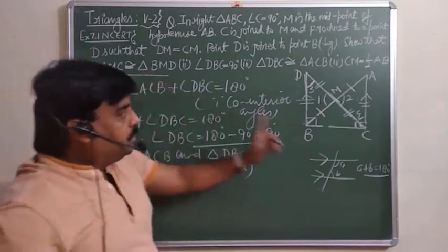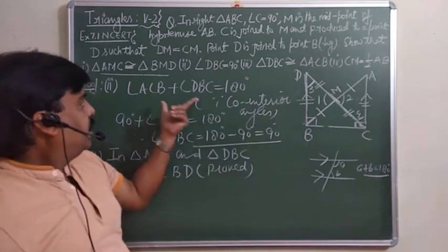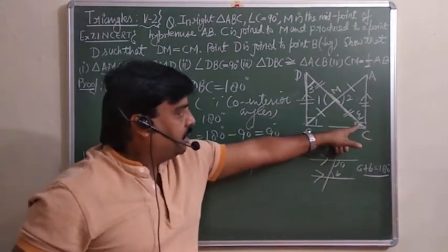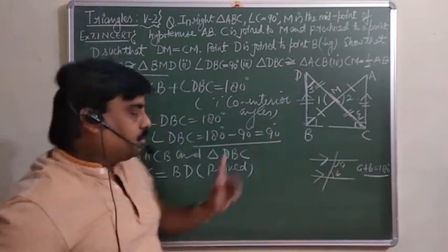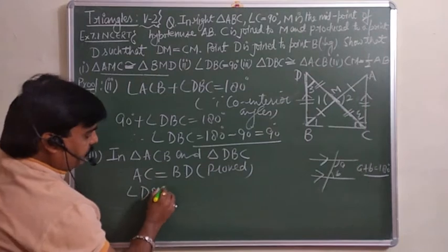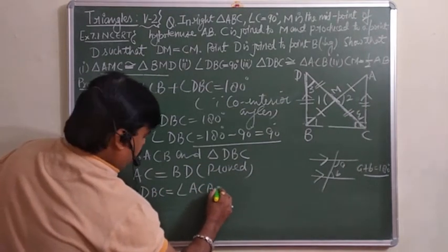And this is 90, DBC is 90. And this is already given 90, this angle is 90. We proved this is also 90. So you can say the angle DBC is equal to angle ACB is equal to 90.